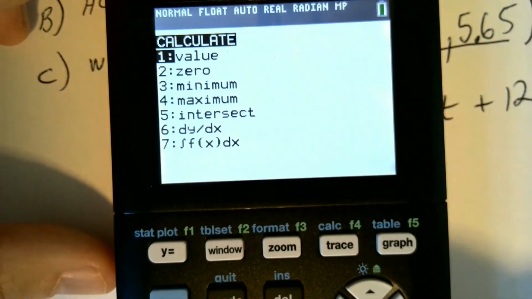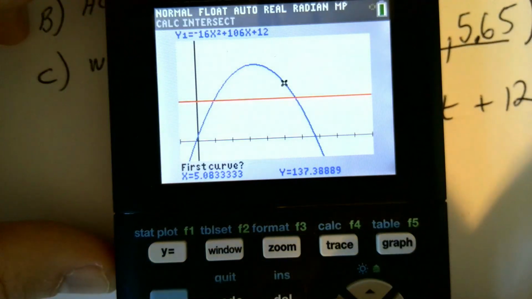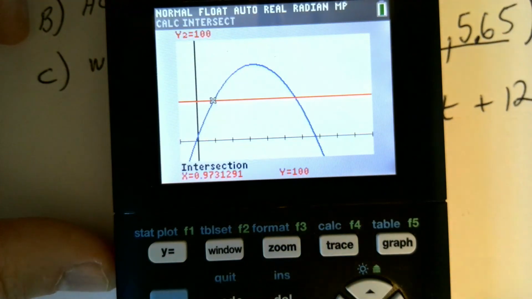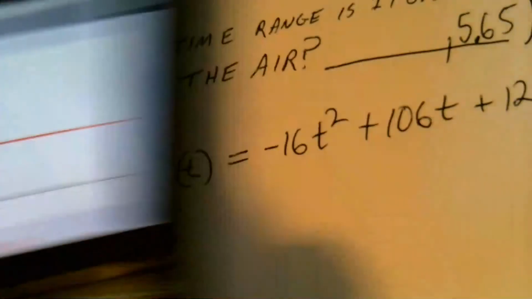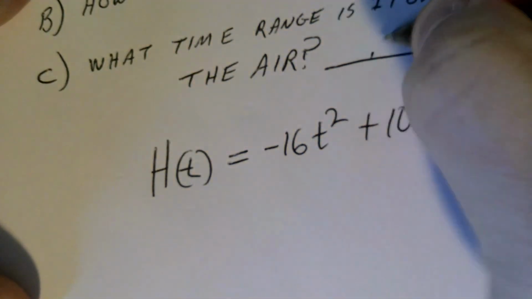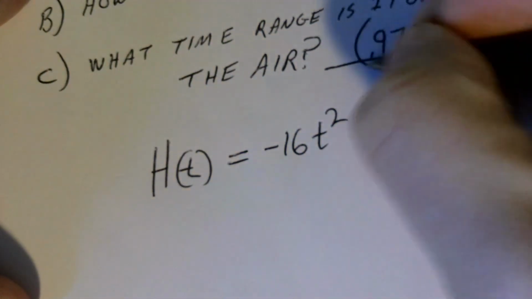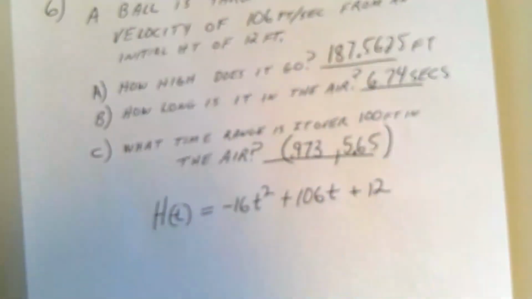Second trace, number 5 intersection. Move my cursor over here. Enter, enter, enter. And I can see that that point is 0.973 seconds. 0.973. And I have that.